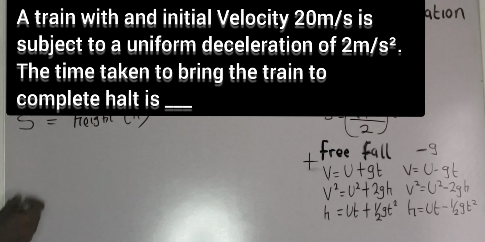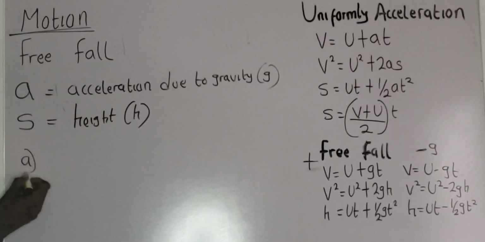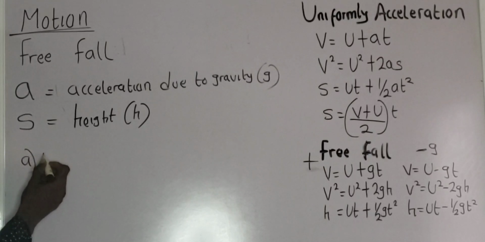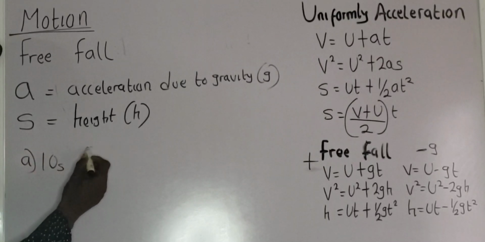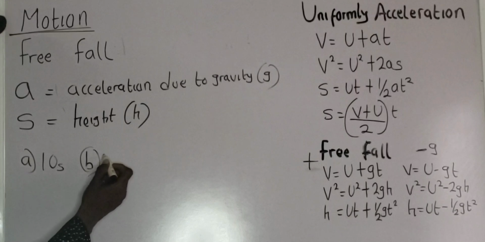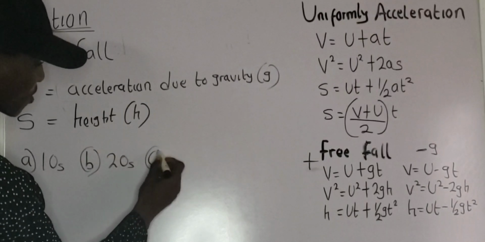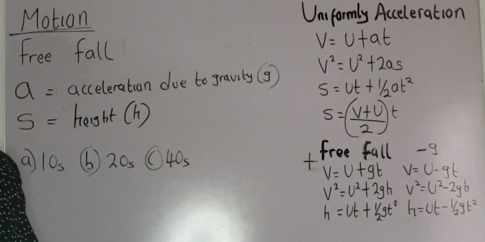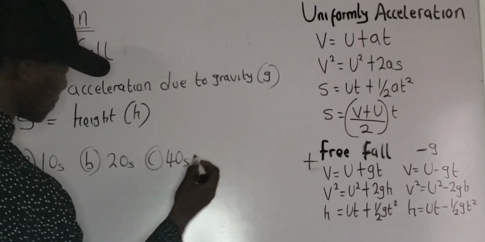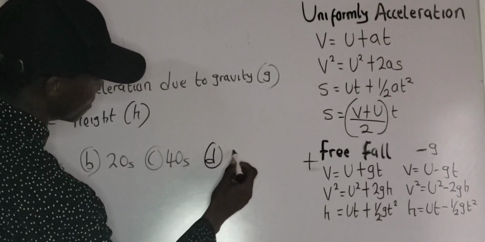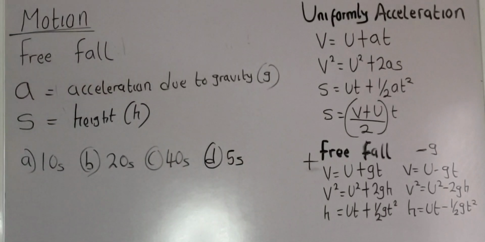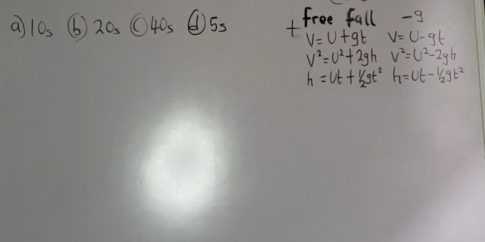They now give us options. The first option, A, is 10 seconds, B is 20 seconds, C is 40 seconds, and D is 5 seconds. Okay? How do we solve this question?